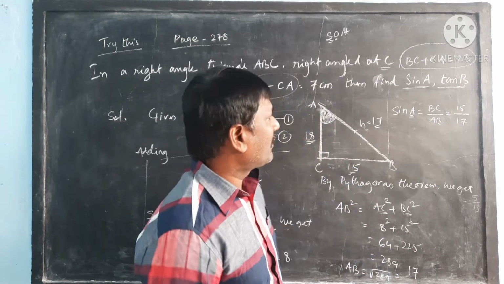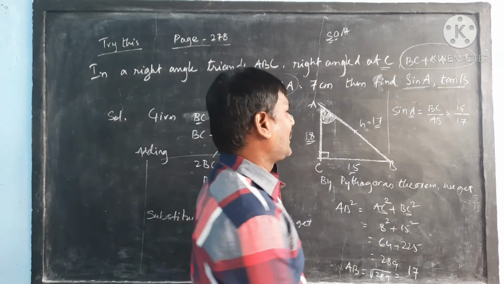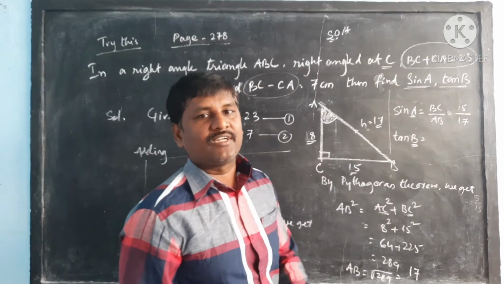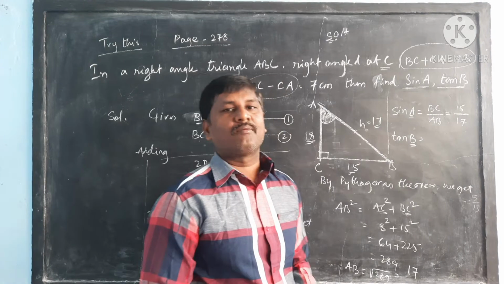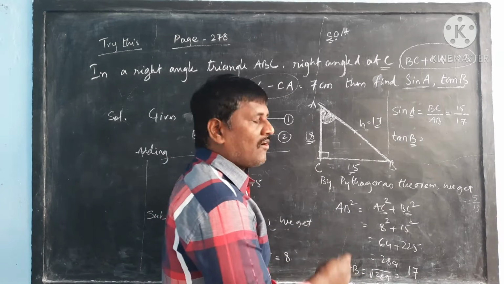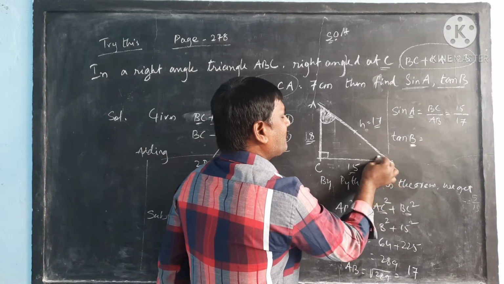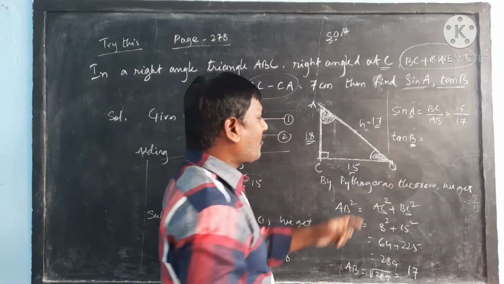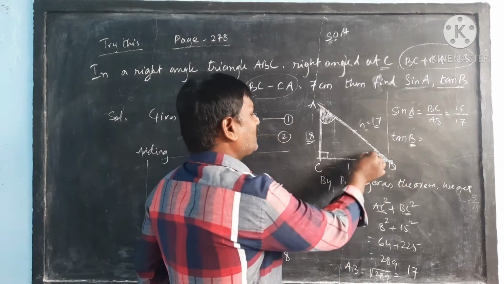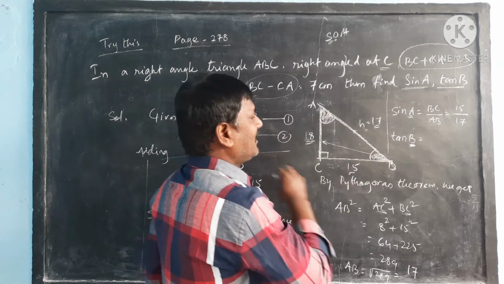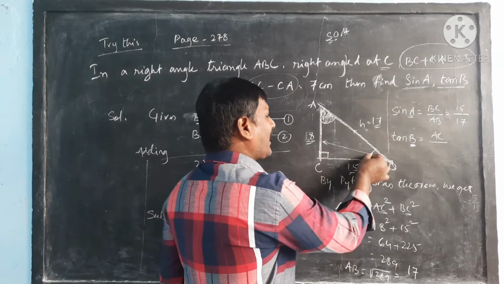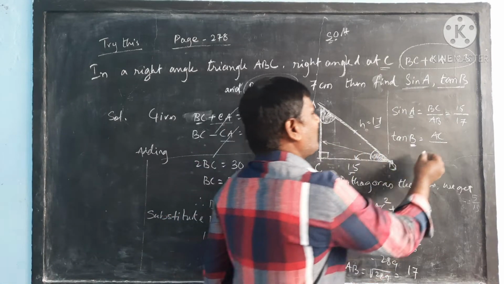Similarly, you can find the second question, that is tan B. We know that tan theta is equal to the opposite side to theta by the adjacent side to theta. Now our theta means B. We have to refer to angle B. The opposite side to angle B is AC, divided by the adjacent side to angle B, that is BC.